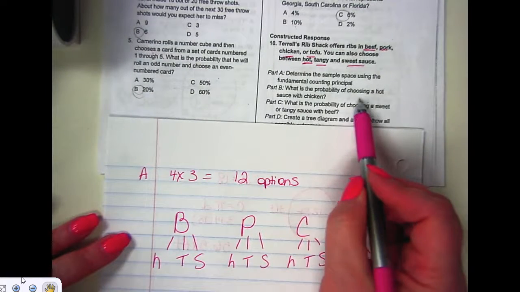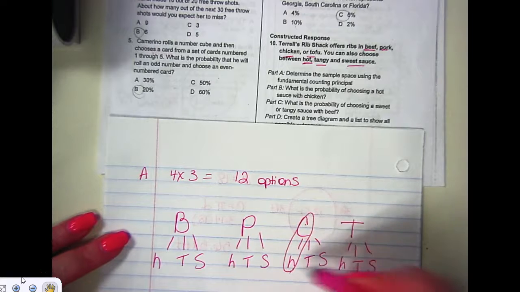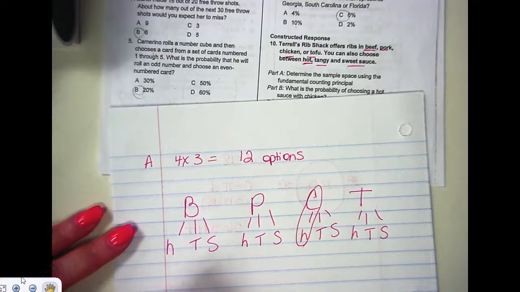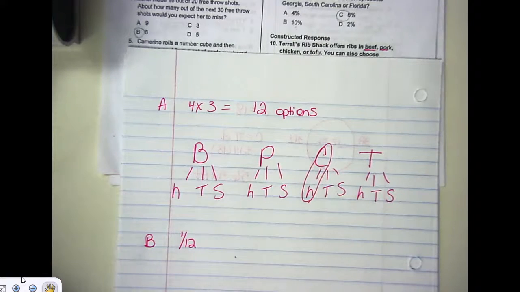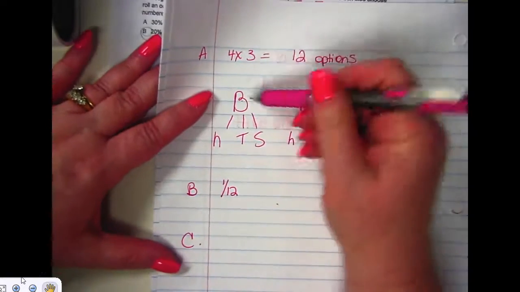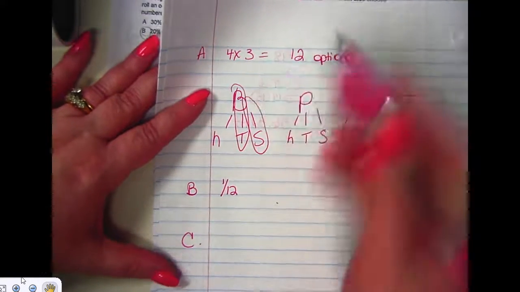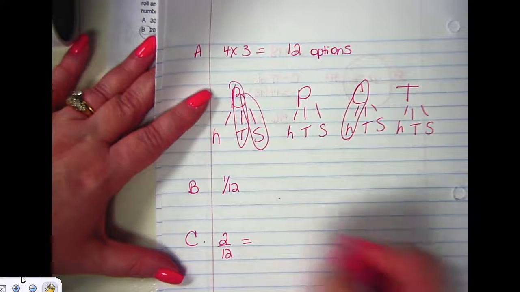So what's the probability of chicken and hot sauce is right here. So 1/12. Part B is 1/12.